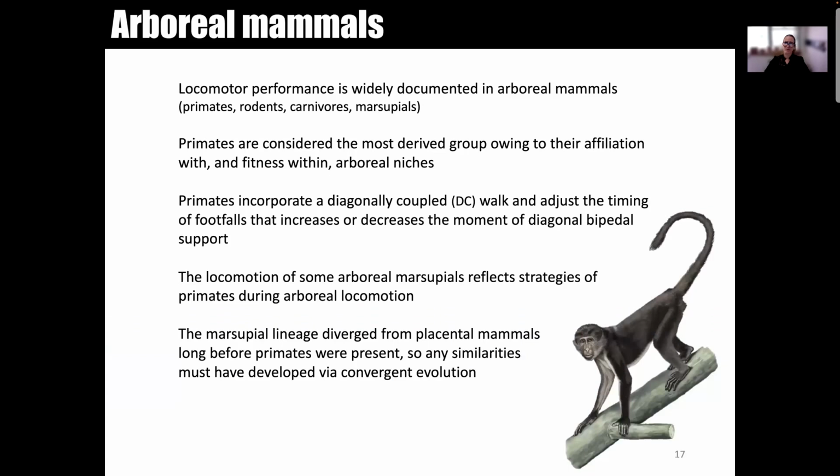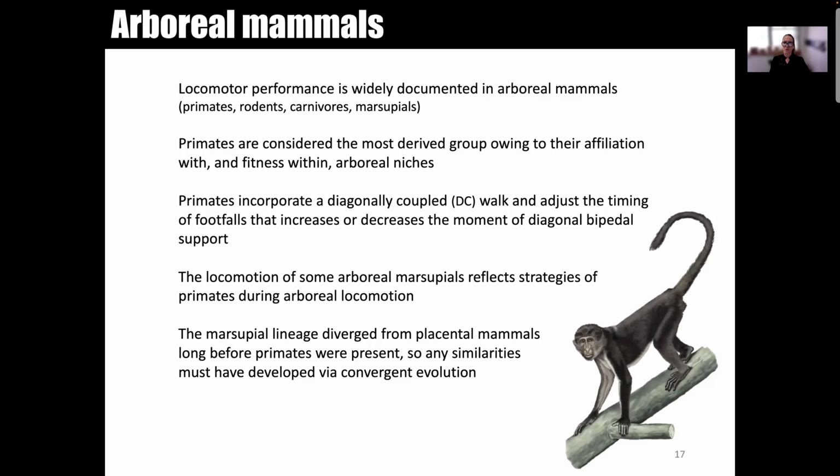So locomotor performance is widely documented in arboreal mammals and recognised to occur in many groups: primates, rodents, carnivores and marsupials. Primates are considered the most derived group, owing to their affiliation with and their fitness within arboreal niches. Primates incorporate a diagonally coupled walk.